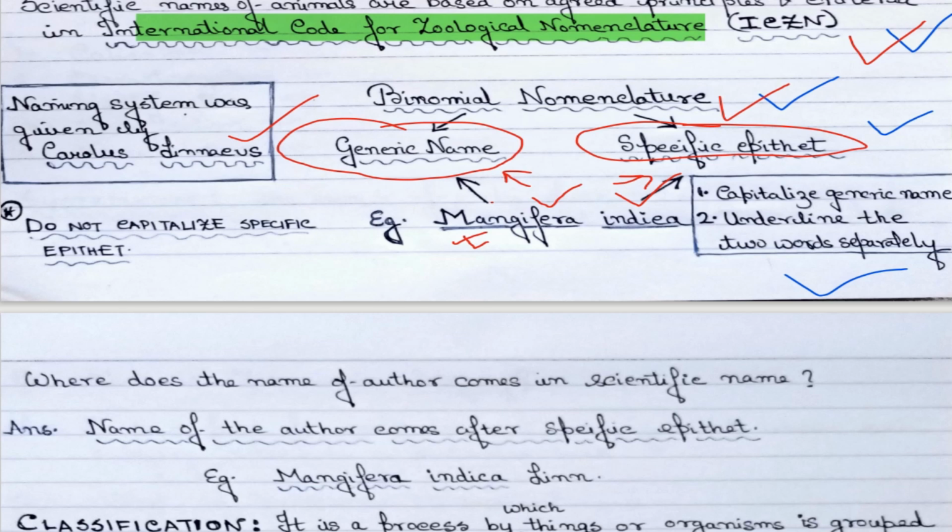Both of them should be underlined separately. In case of printed material, we need to write in italics.